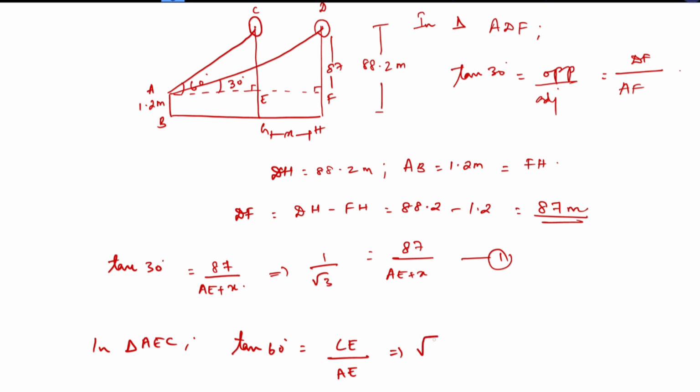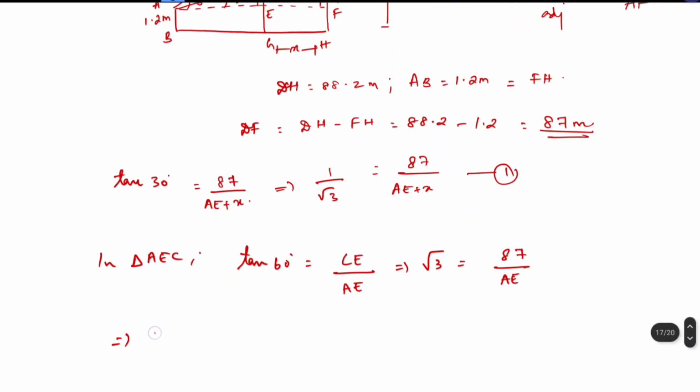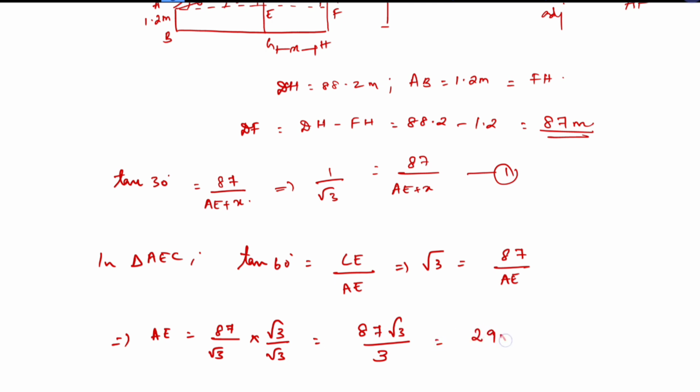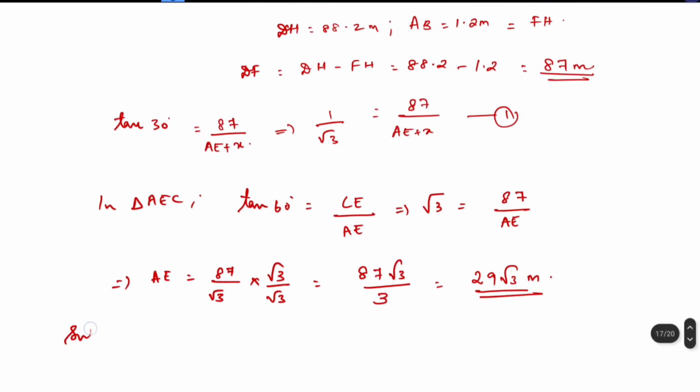So substituting values, root 3 is equal to 87 divided by AE, which gives us AE is equal to 87 by root 3. Rationalizing, multiplying and dividing by root 3, we get 87 root 3 divided by 3, that is 29 root 3 meters.